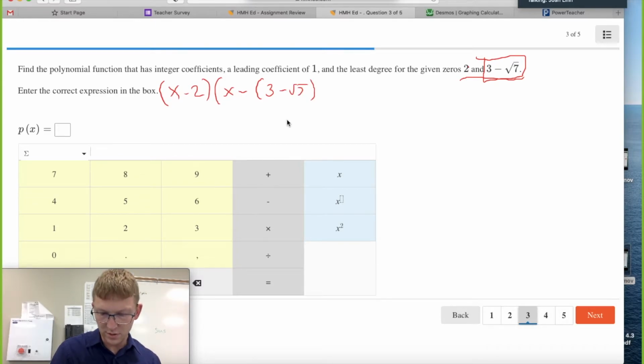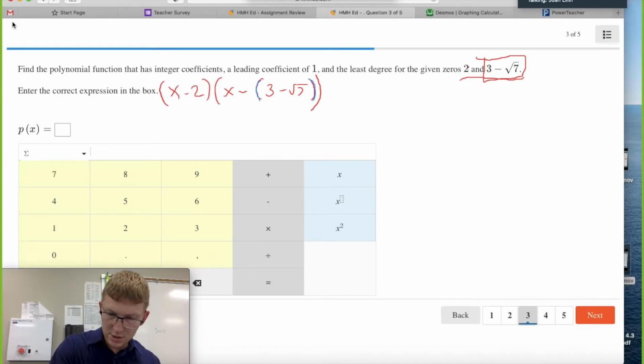Our parentheses are starting to get a little confusing, so I'm just going to color code some of them. But we also learned that anytime we have an irrational square root or an imaginary number, the conjugate is also a root.